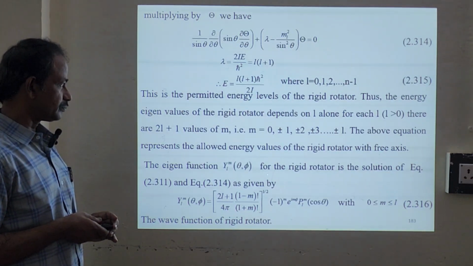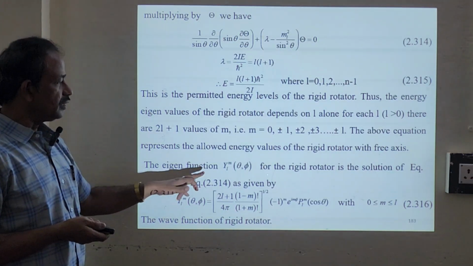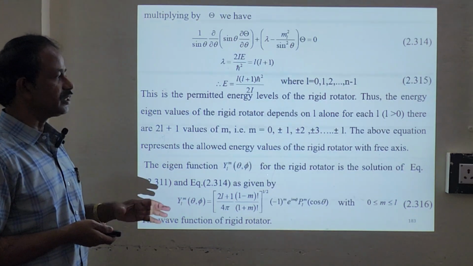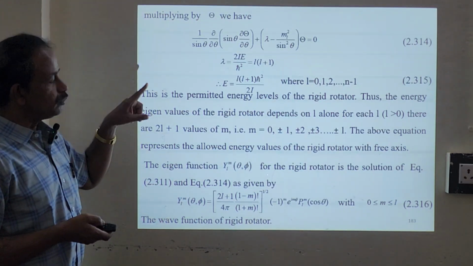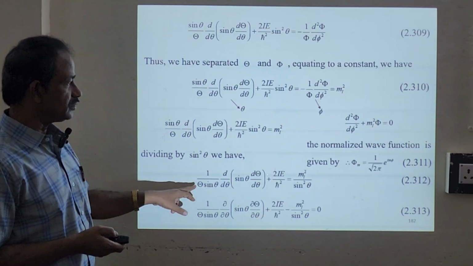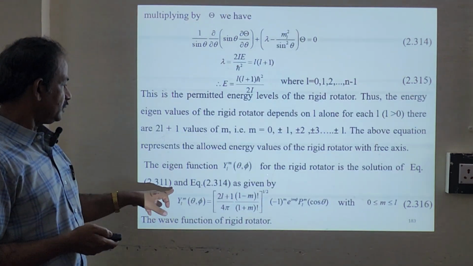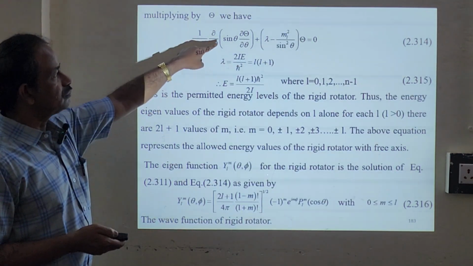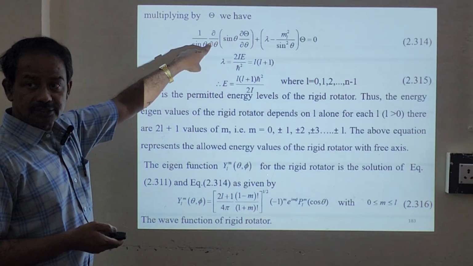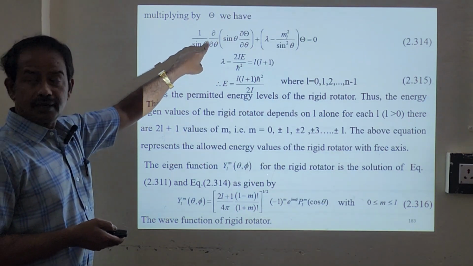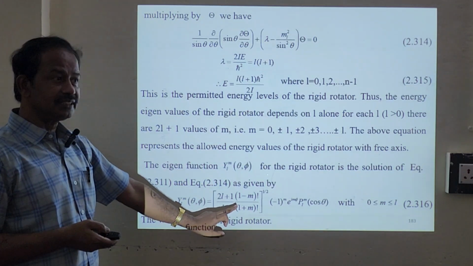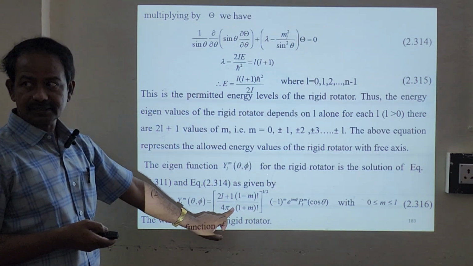So the eigenfunction Y_L(theta, phi) for the rigid rotator is a solution of equation 2.311, the phi part, and equation 2.314. The solution of this differential equation we already discussed in the last class.